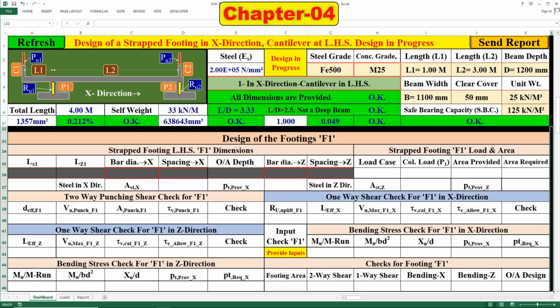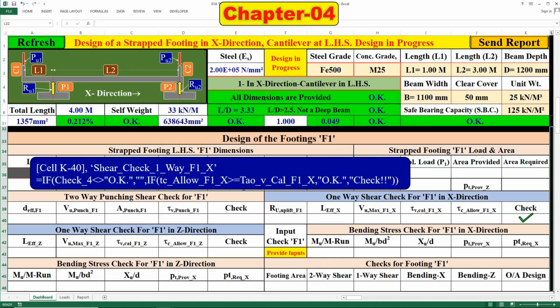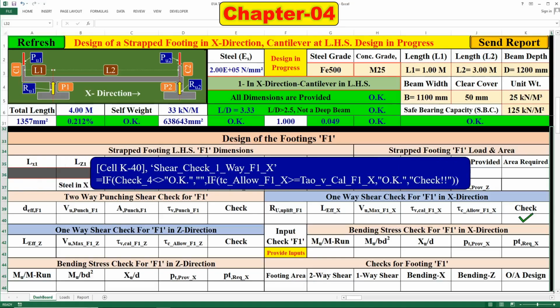Yes, it is the final check between the calculated shear stress TV_cal_F1_x and the allowable shear stress TC_allow_F1_x in cell K40. The defined name of the cell is shear_check_1_way_F1_x. The Excel formula for the cell is structured such that Excel will first check _4.